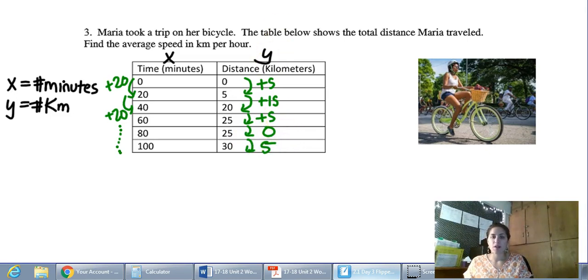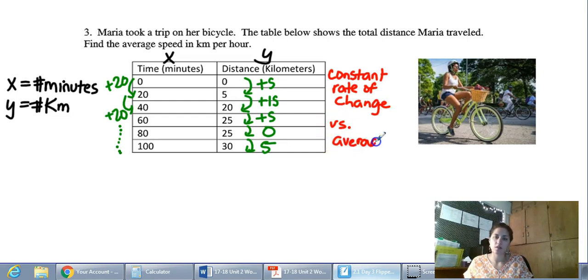So this is where we can talk about the difference between constant rate of change versus average rate of change.